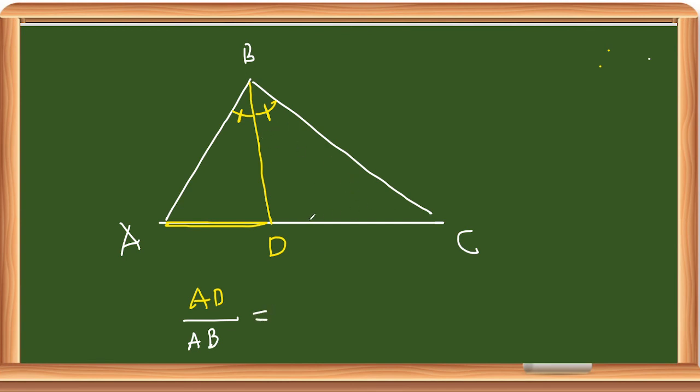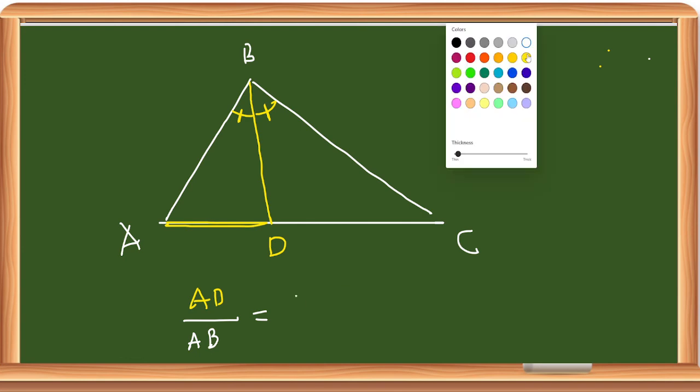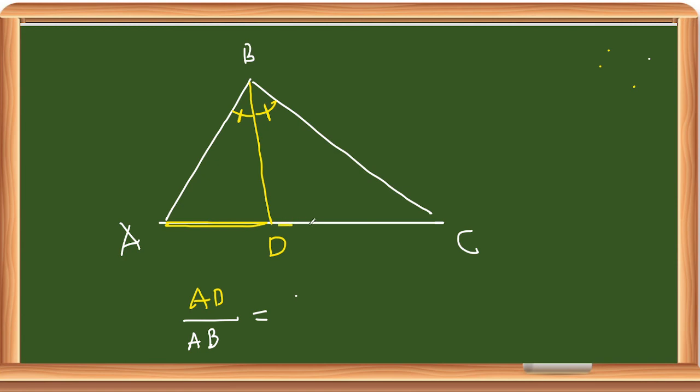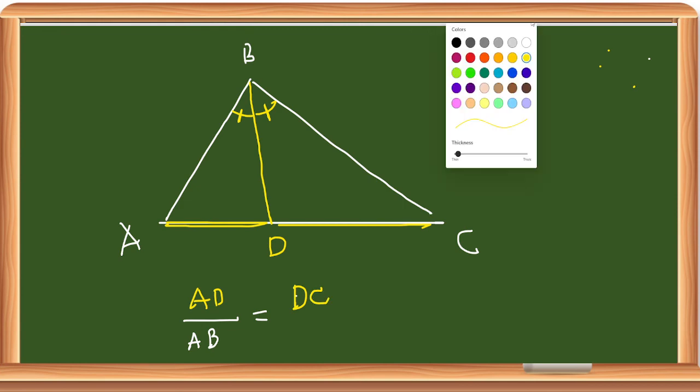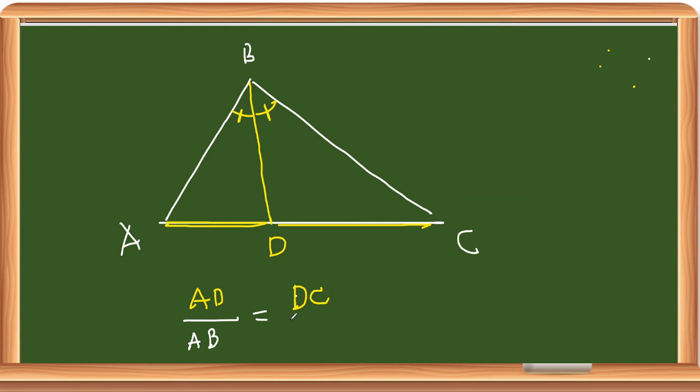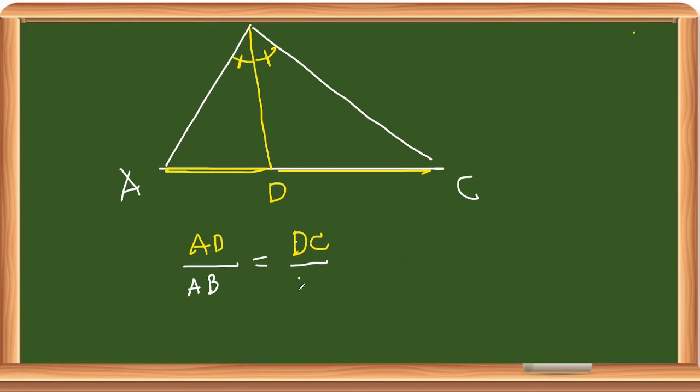Proportional sila ngayon. It divides this segment proportionally to the sides of the triangle. So we have here DC. Ito namang DC ang gawin natin, over this time it's BC.